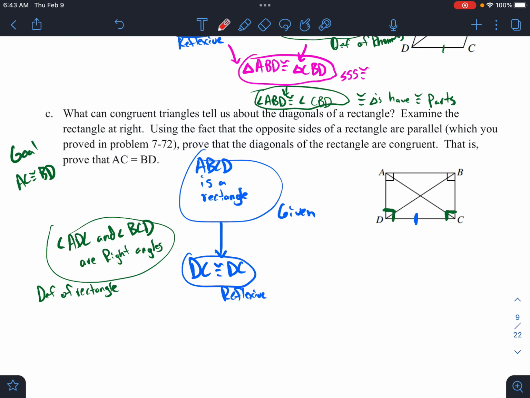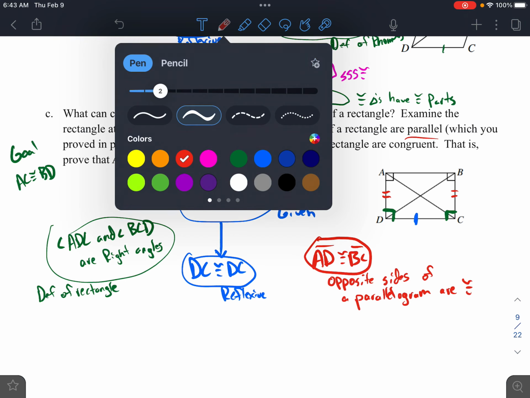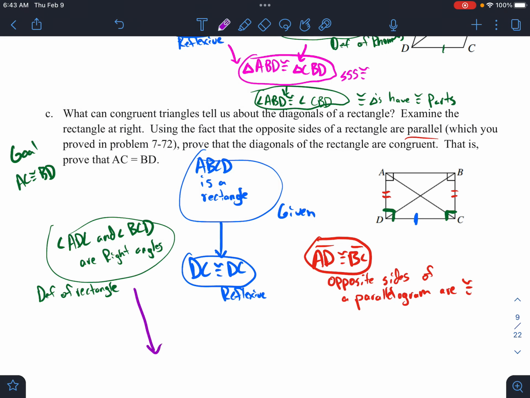Next one. We know that AD is congruent to BC, and we know that opposite sides of a rectangle are parallel and congruent. I just said AD, this one here, is equal to BC. Now we're actually ready to know our triangles are congruent, but it's a little bit hard to see which ones.